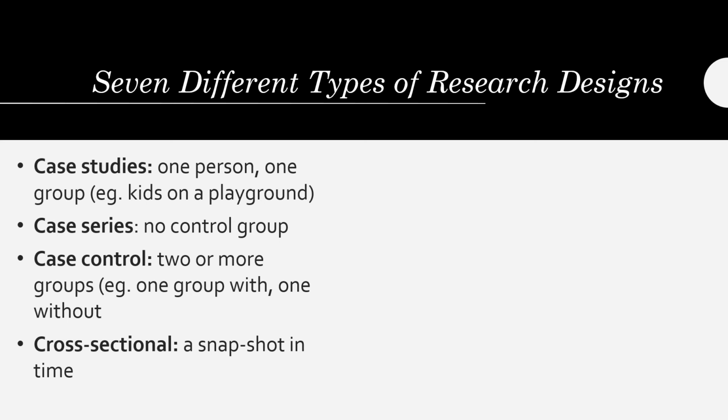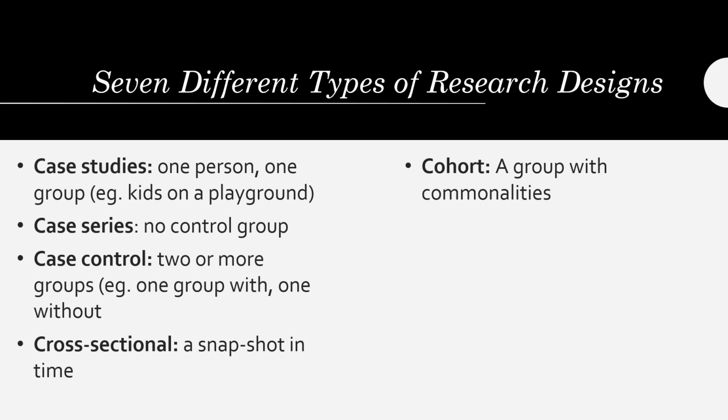Now, when we look at something that's cross-sectional, it means that we're just taking a snapshot in time. We may go and observe or interview the graduating class of Kennedy Senior High School on July 3rd, 2022, and just find out what is going on for them at that specific time. A cohort is a group that has commonalities to it.